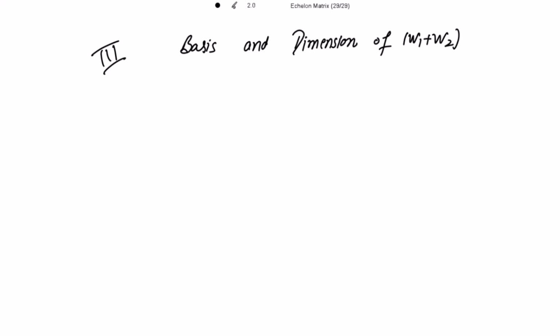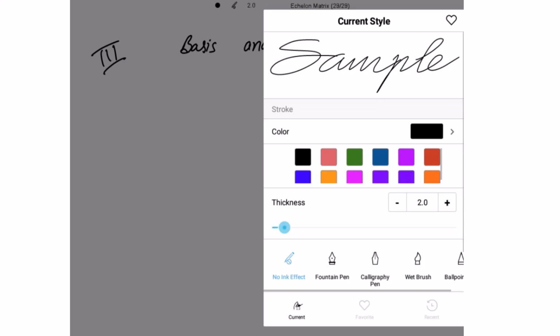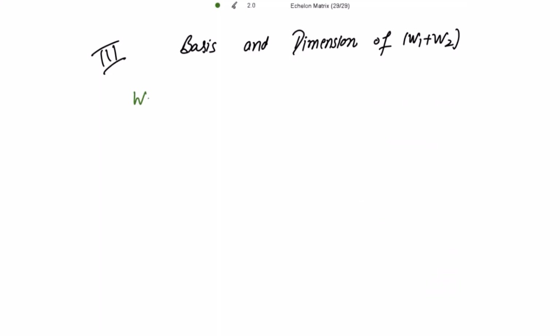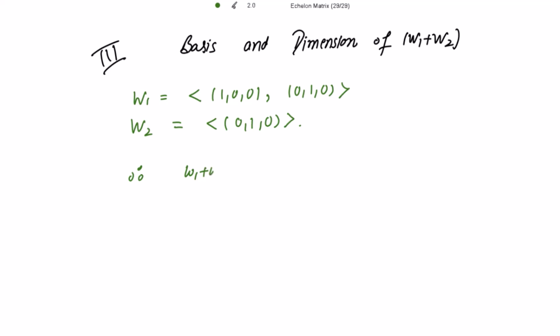Now to get the basis and dimension of the sum of the subspaces: W1 is generated by (1, 0, 0) and (0, 1, 0), and W2 is generated by (0, 1, 0), only one vector. So the sum of the subspaces is generated by all these three vectors.